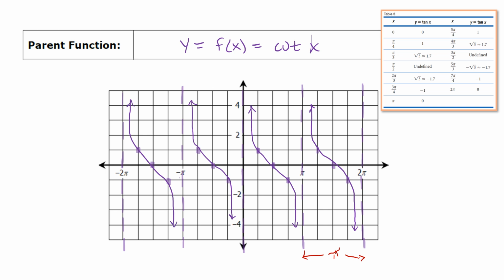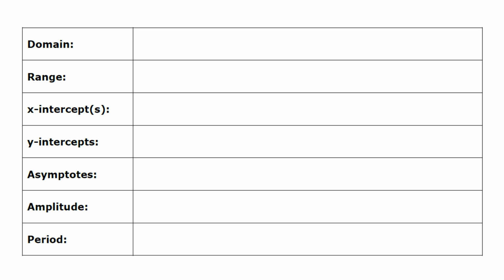Awesome. Yay. All right, let's list our properties. So the domain for cotangent is going to consist of x values that are elements of the real numbers, but we can't have x values that equal n times pi, where n is an element of the integers.